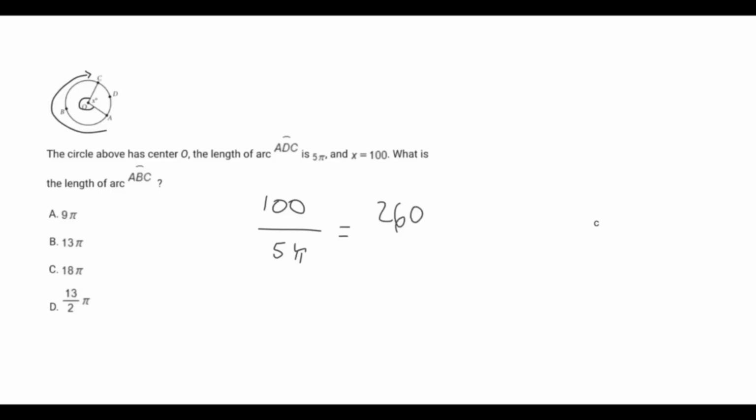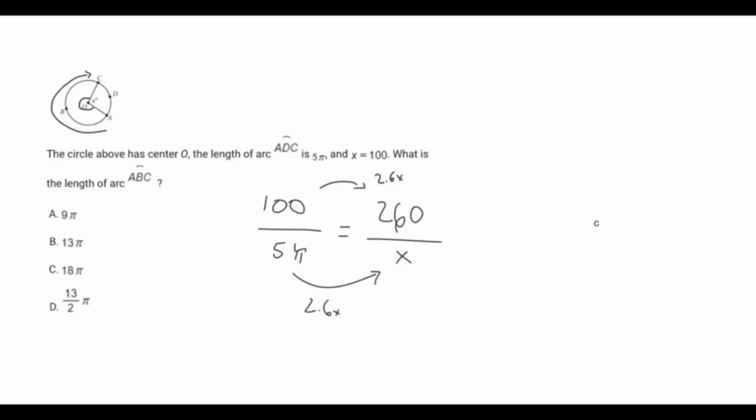And so now we can actually pretty easily figure out what our length of arc ABC is by just finding this corresponding value, right? So to do this, we have to do some simplification, or we can just find the scale factor actually, right? So from 100 to 260, that is a scale factor of 2.6x, or 2.6 times. And so we can assume that for the same thing on the denominator, to keep this ratio constant, we also have to multiply this by 2.6.